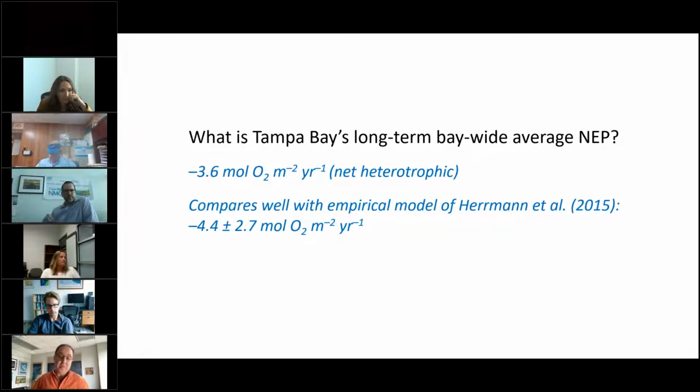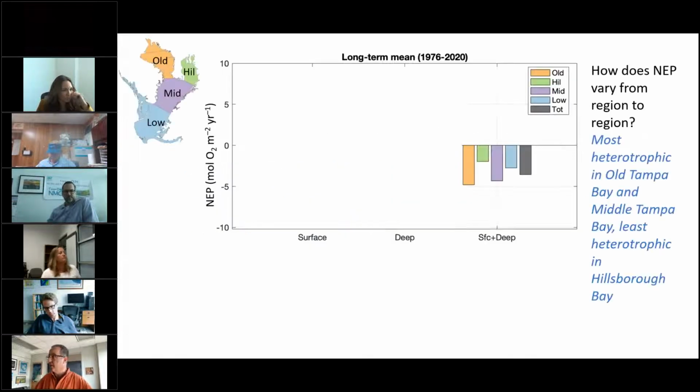We can compare that with Maria's statistical model, which I showed you earlier from that curve with all the other estuaries on it. And her model gives a best estimate of minus 4.4 with a fairly large error, about 50%. And so it kind of conforms to what we would expect from the inputs that we know are coming into Tampa Bay from rivers and from wetlands to some extent. You can go to the next slide.